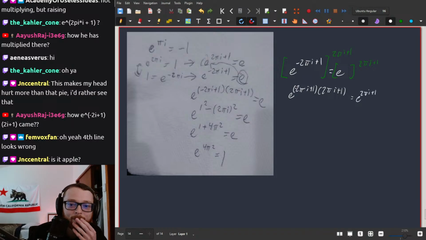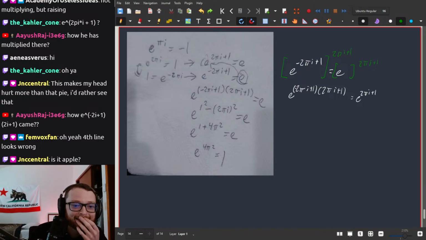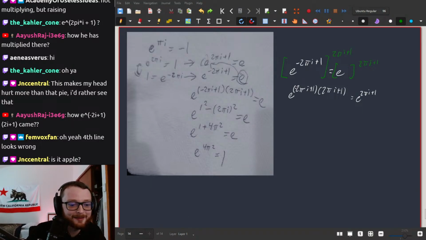I guess we did establish this thing on the right. That is e. I think it has to be this line. I need to remember the rules for raising both sides of the equation to a power, I guess.